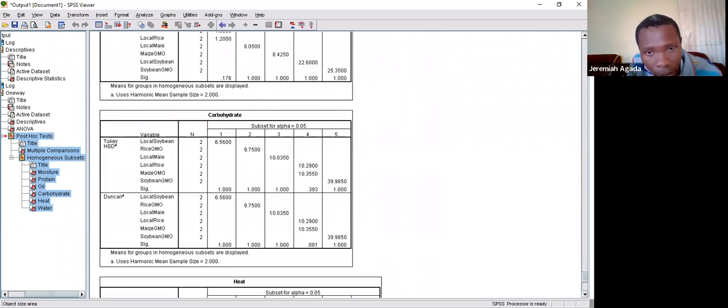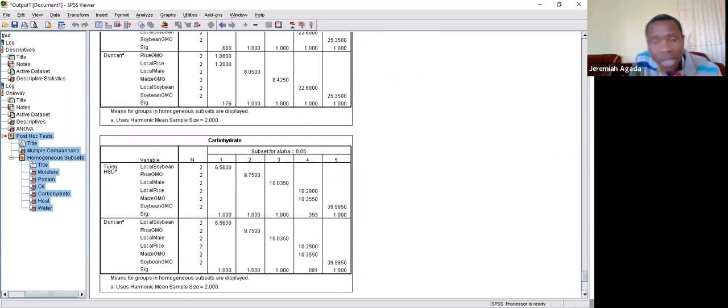Okay. So this one now is helping us to separate the means. If we know that these means are significantly different, that means the moisture content you get in the GMO for maize is not the same as the one you got in GMO for soybean or GMO rice.